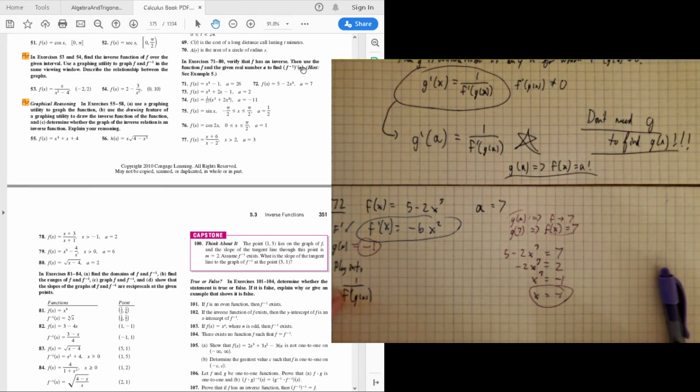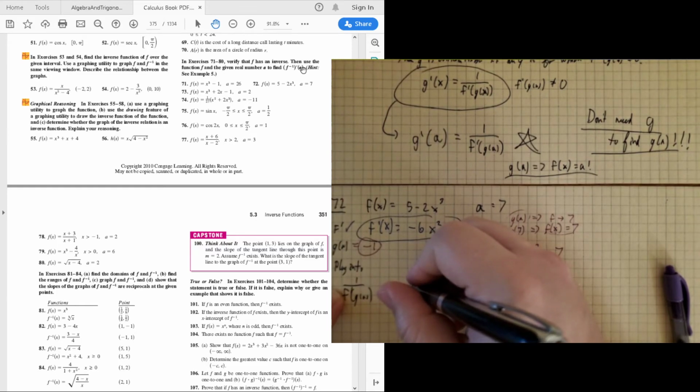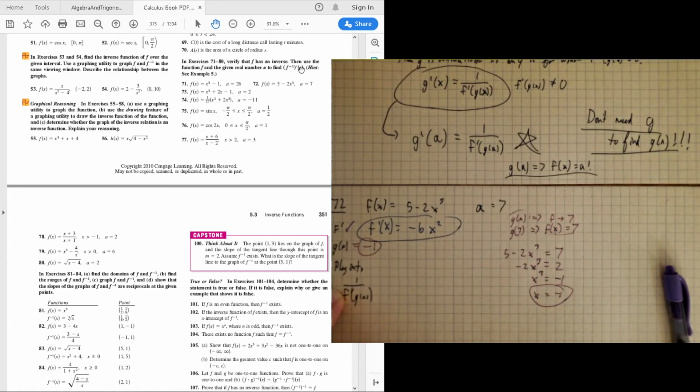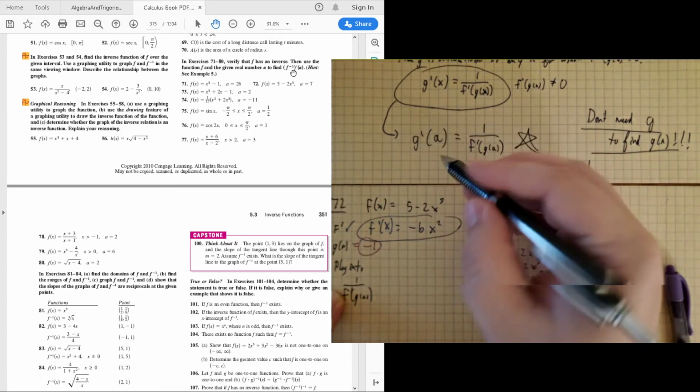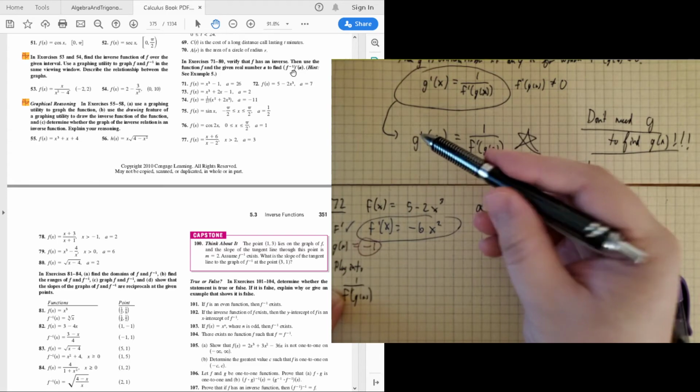So the question asks, how do I find, what did it say? It said, in the problem right here, find f inverse prime at a. Well, remember, g is just f inverse. So this is f inverse prime at a.